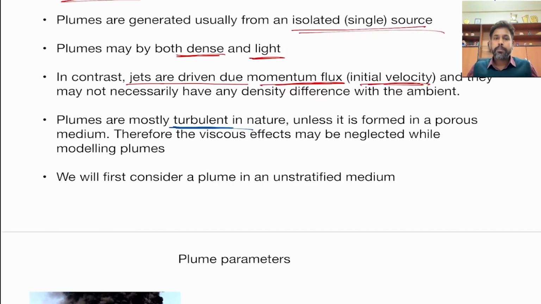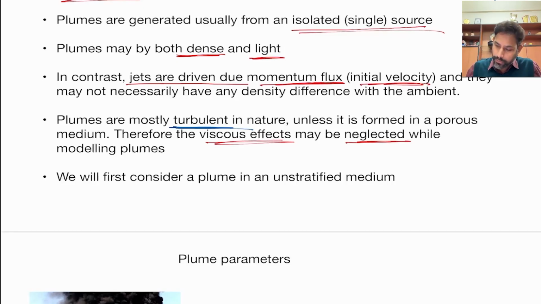Because they are turbulent, as we have seen in the definition of the Reynolds number, the viscous forces are generally insignificant, or extremely small compared to the inertia force, right? That is why, while modeling turbulent plumes, we may neglect the viscous effects. We will only consider the inertia force, because viscous forces will be extremely small, and that will make our problem much easier to solve, and we will see how we do that.